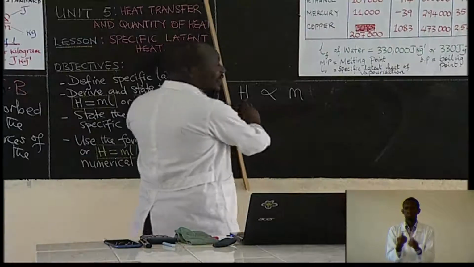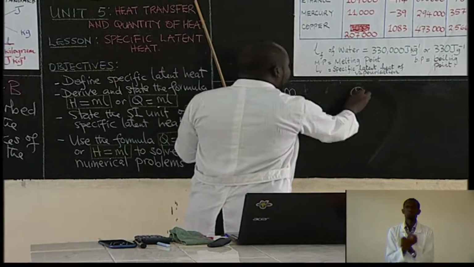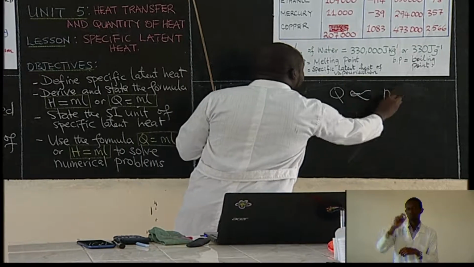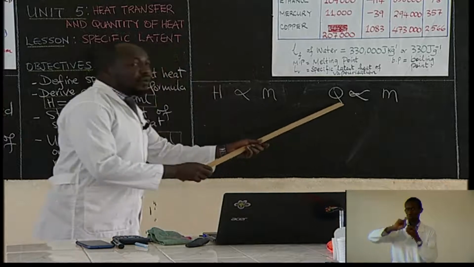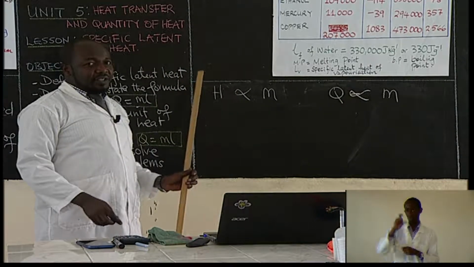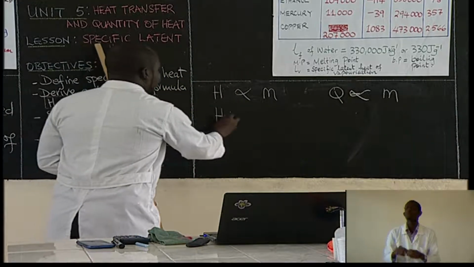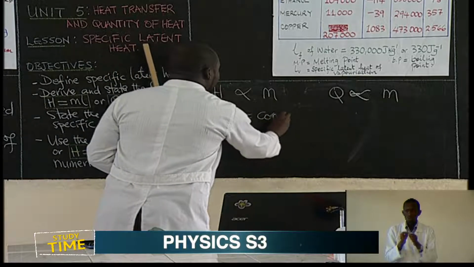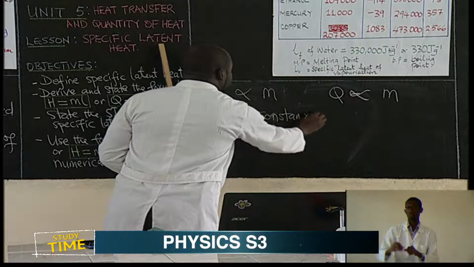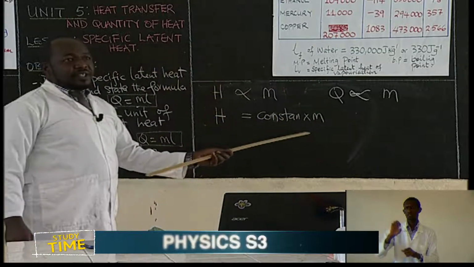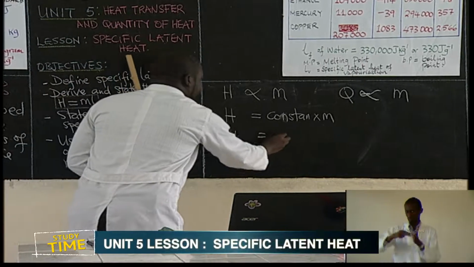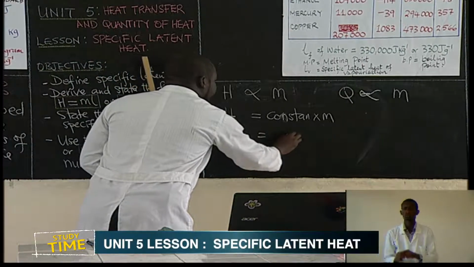So amount of heat is proportional to m. Some people do not like using H, they use Q. So we say Q is proportional to m, where m is mass and Q is quantity of heat. So if we remove the proportionality sign, we are going to introduce a constant, and we have talked about this before. So that is constant times m. So it means H is going to be equal to that constant times m.